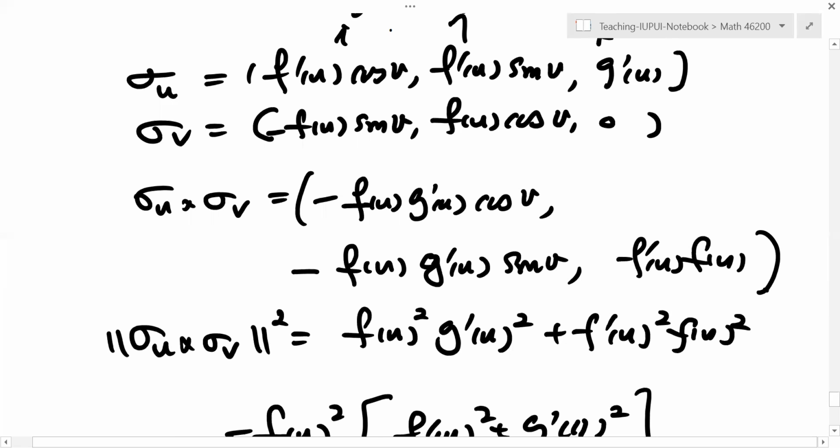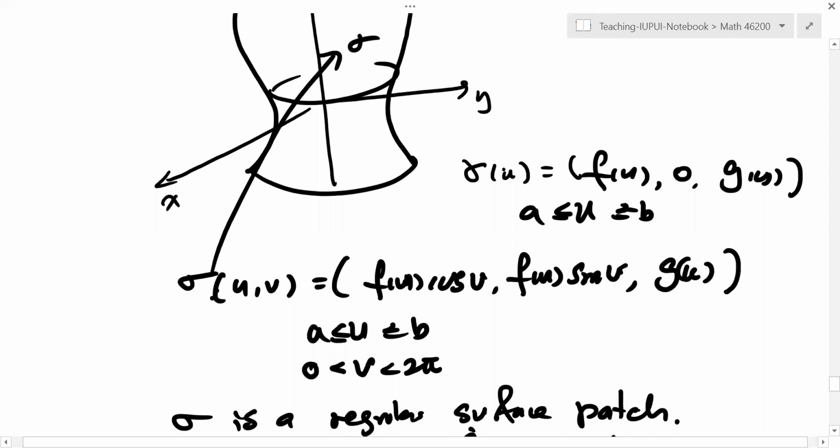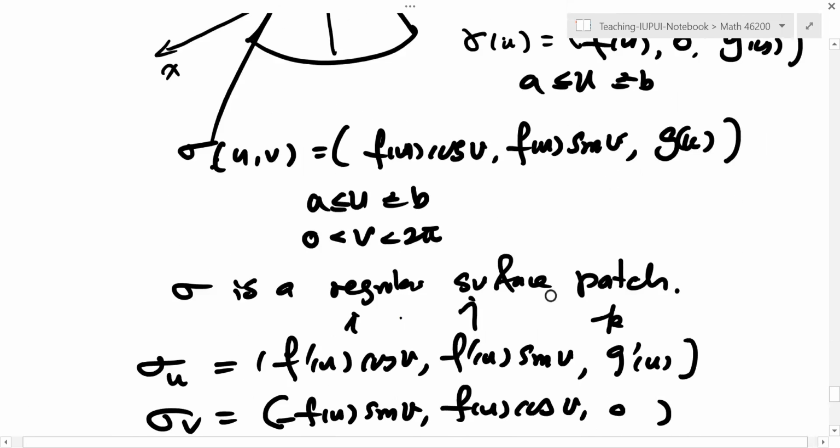If u is a constant, it's just one point, it's just a circle. How could it be this? Let me double check my computation.